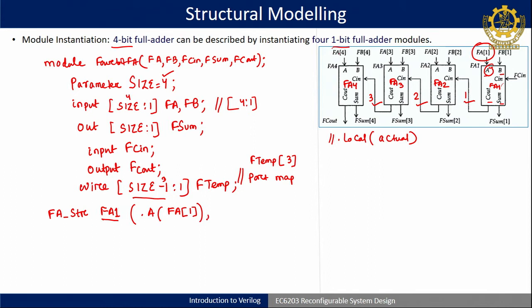Similarly, comma, then I will write dot b, mapped with, as shown, fb square bracket 1.